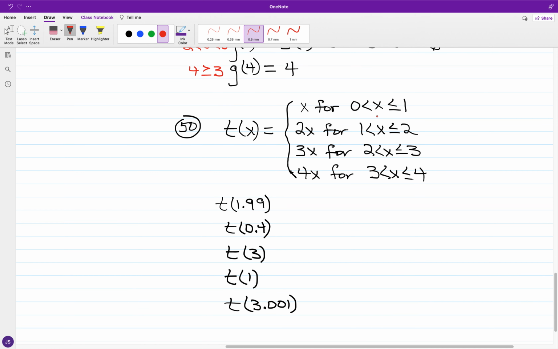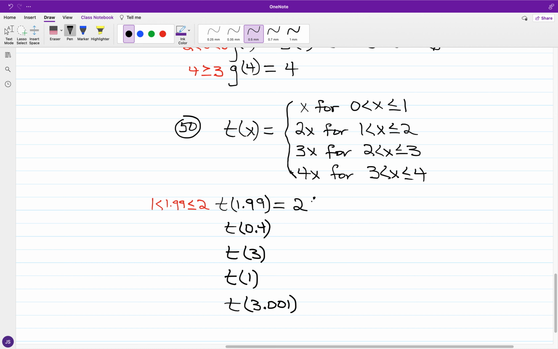Okay, so 1.99, it does belong in one of these inequalities, and so it's going to fall between 1 and 2. So it is true to say that 1 is less than 1.99, which in turn is less than or equal to 2. So for t of 1.99, it belongs in this inequality, so we're going to apply the 2 times the input treatment.